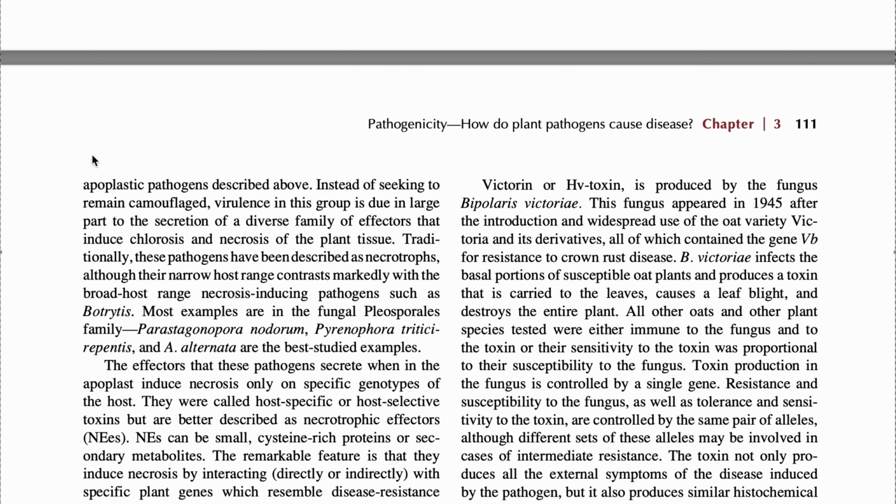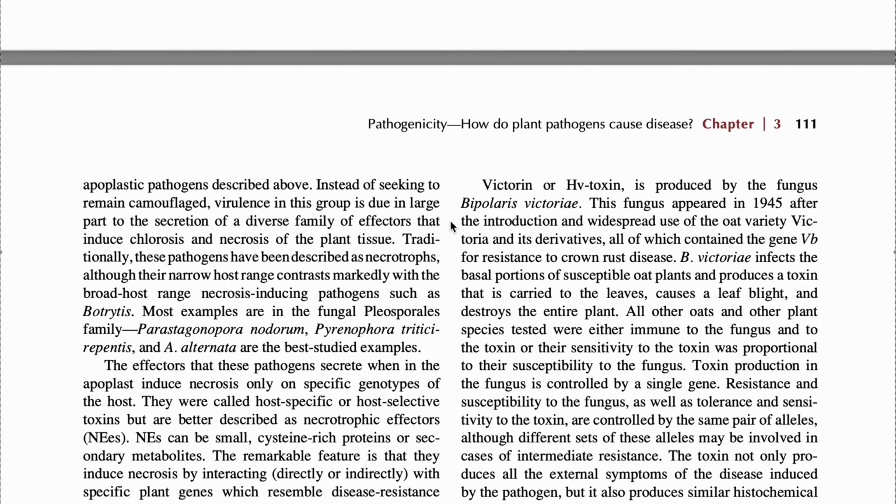Yes, we have seen this stealthy apoplastic pathogen that remains in between the spaces. Instead of seeking to remain camouflaged, virulence in this group is due in large part to the secretion of a diverse family of effectors that induce chlorosis and necrosis of the plant tissue.